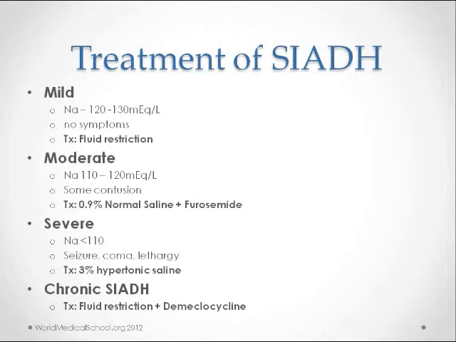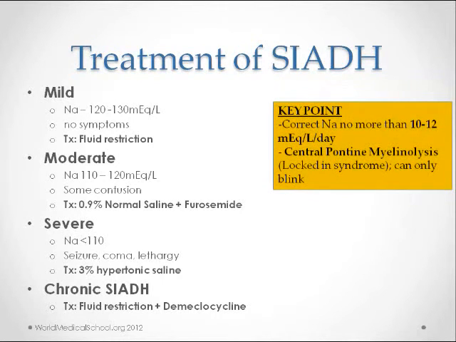Demeclocycline works by reducing the responsiveness of the collecting tubule cells to ADH. A key point to note here is while correcting sodium level, one should not correct too rapidly. No more than 10 to 12 milliequivalents per day.